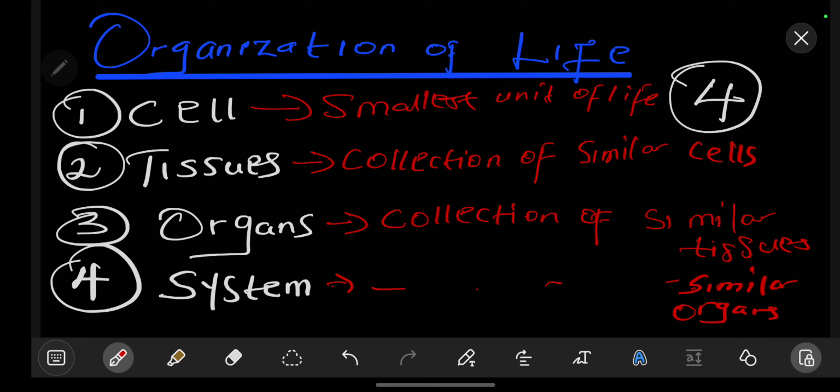Very, very important to know them like this. Now, the other way you can be asked questions from this particular area is that you'll be asked to give examples of organisms on the cell level, or organisms on the tissue level, or examples of organisms on the organ or on the system level.